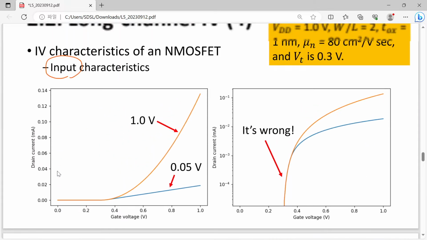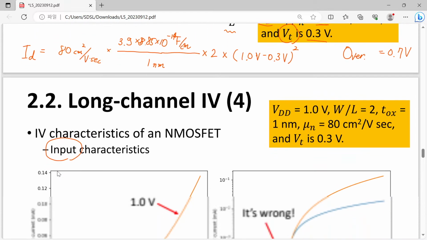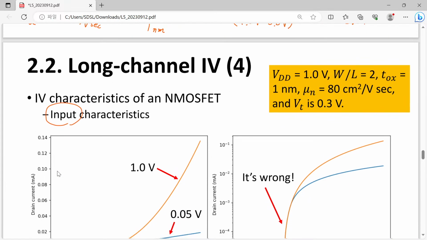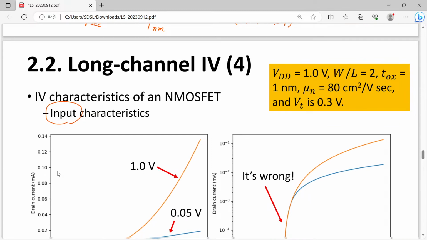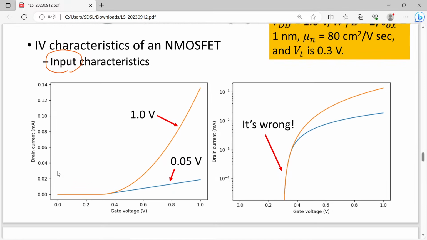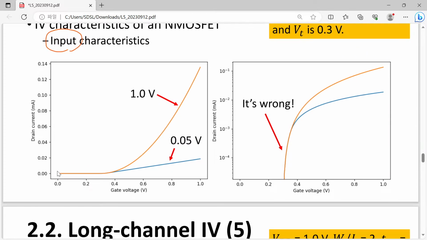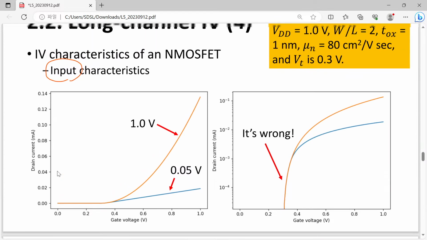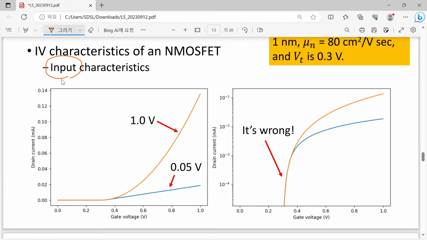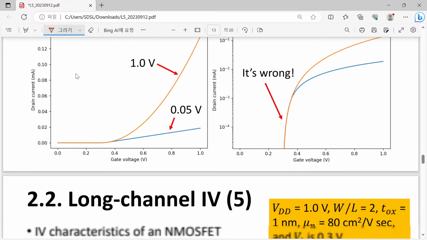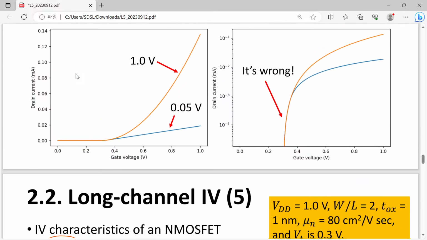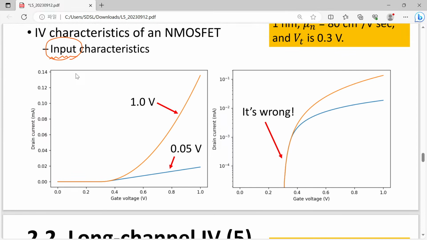Unfortunately, time is up, so I have to stop here, but please have a look at our PPT material, PDF file material already distributed in our GitHub, and I will continue to discuss our input characteristics and output characteristics. Both of them are quite important, and I will show you how we can read these graphs next time.